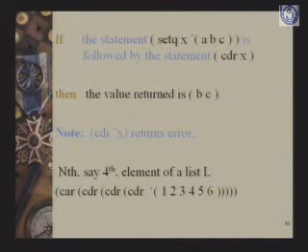So in general, if we are required to find the nth element of a list, what should we do? We should use first car on the left, and then n-1 cdrs, and finally the given quoted list as an argument.